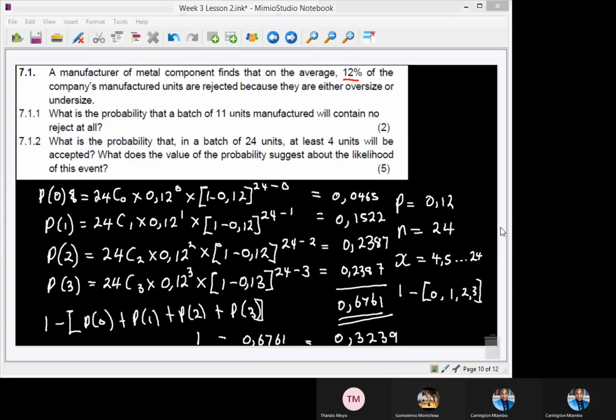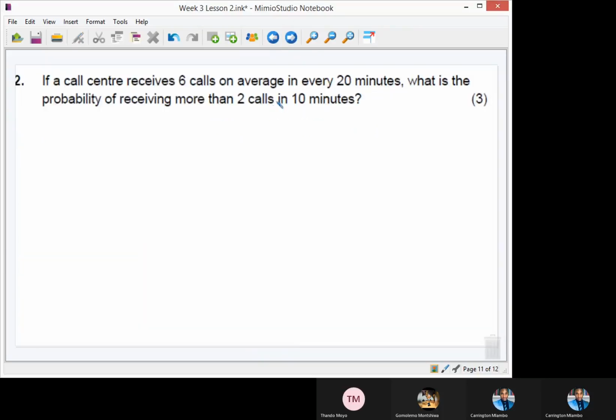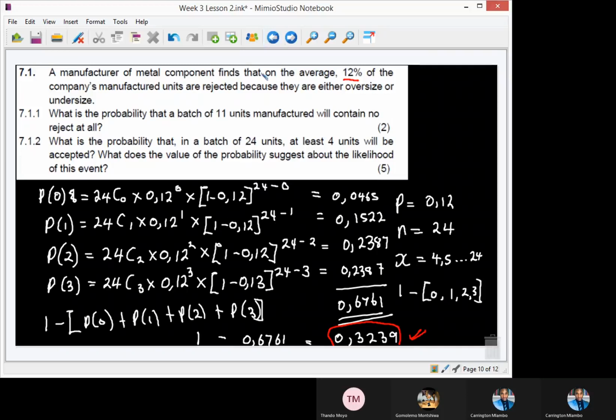If we round, this is your final answer. Easy as that. Make sure you know this. These things will always come in your test. We are done with this. Any questions on this one? You're fine.